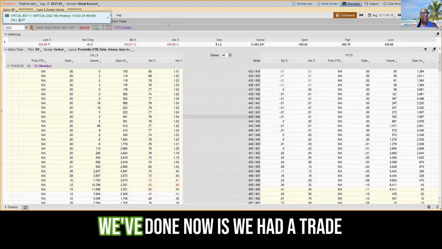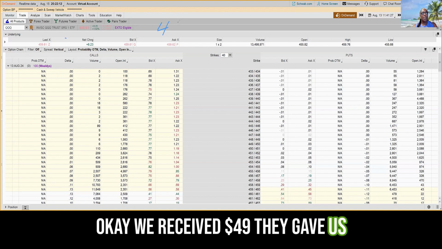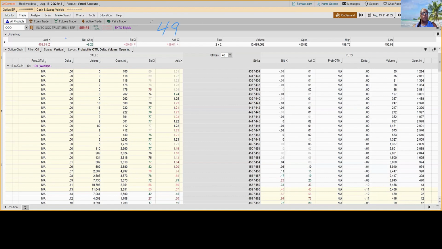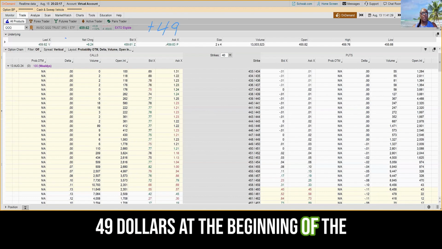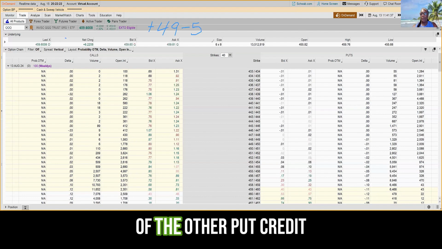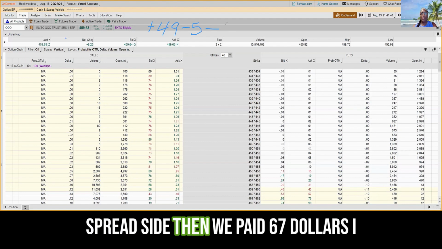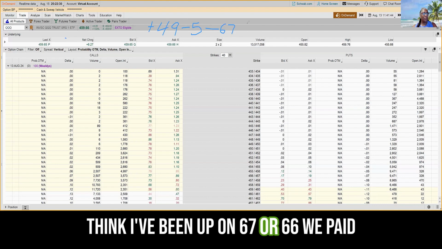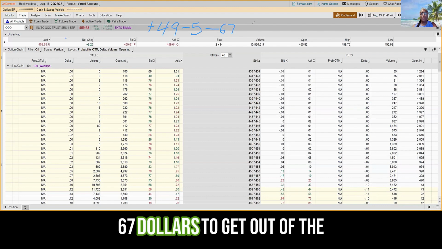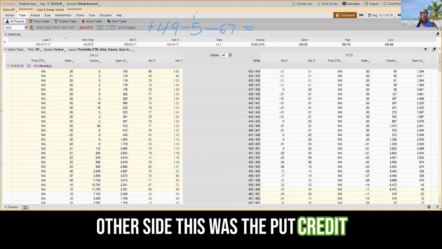Okay. So what we've done now is we had a trade where we received $49. They gave us $49 at the beginning of the trade. We paid $5 to get out of the put credit spread side. Then we paid $67. I think I put in 67 or 66. We paid $67 to get out of the other side. This was the put credit spread side.